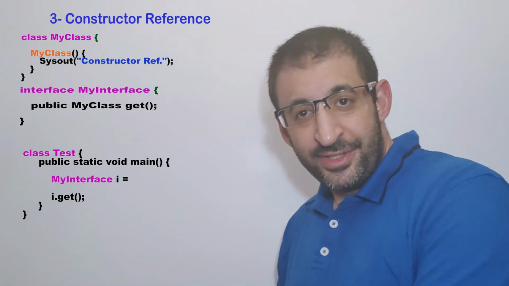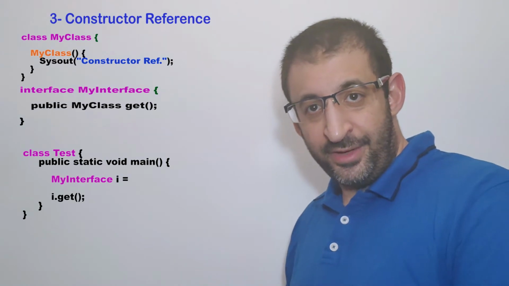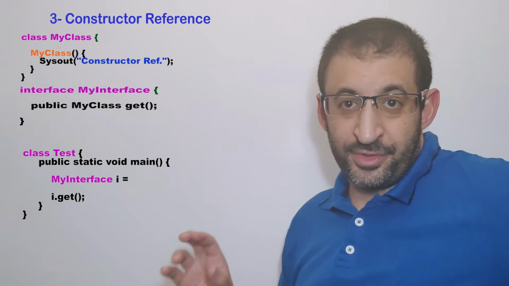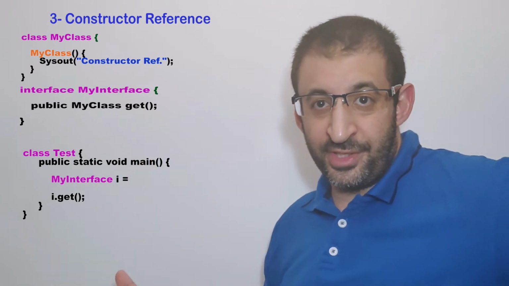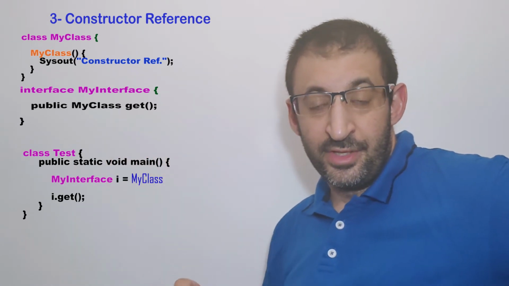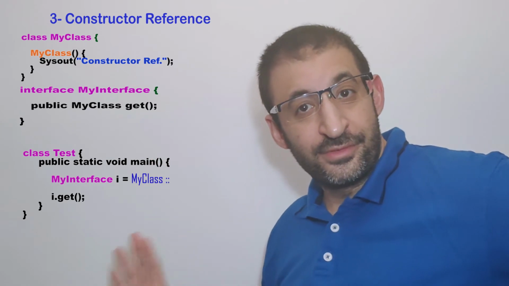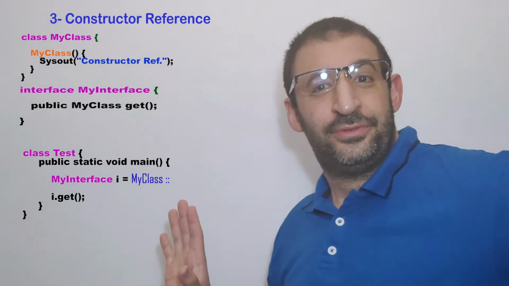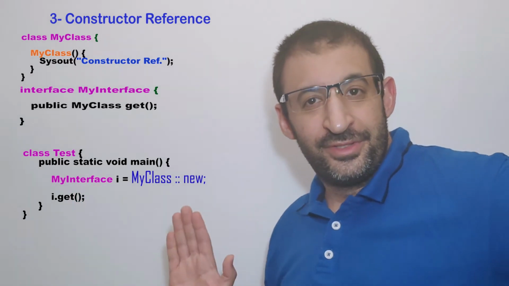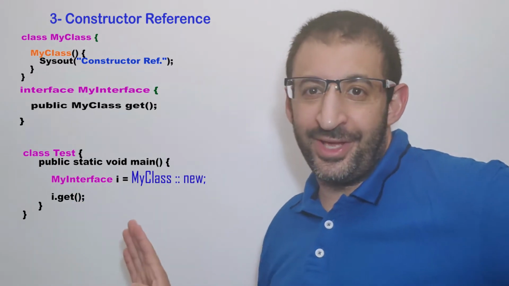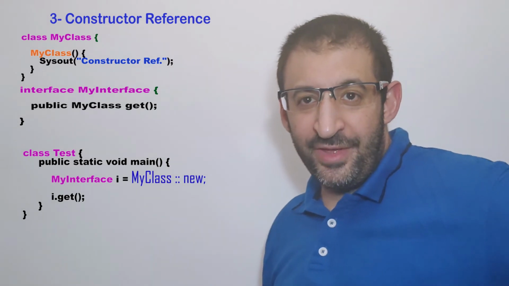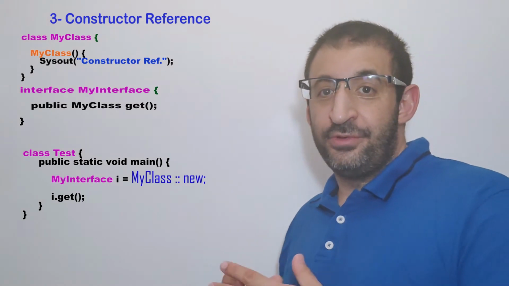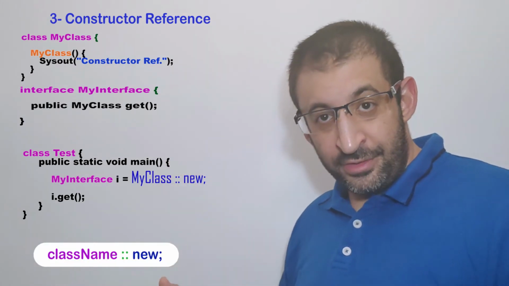The syntax is the class name. So MyInterface e equals the class name, which is MyClass, double colon, new, semicolon. It is so simple. If you use constructor reference, the syntax is class name, double colon, new.